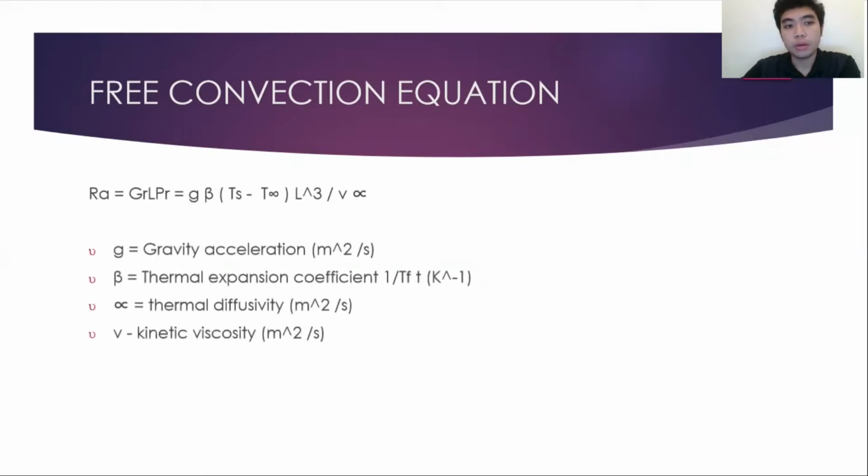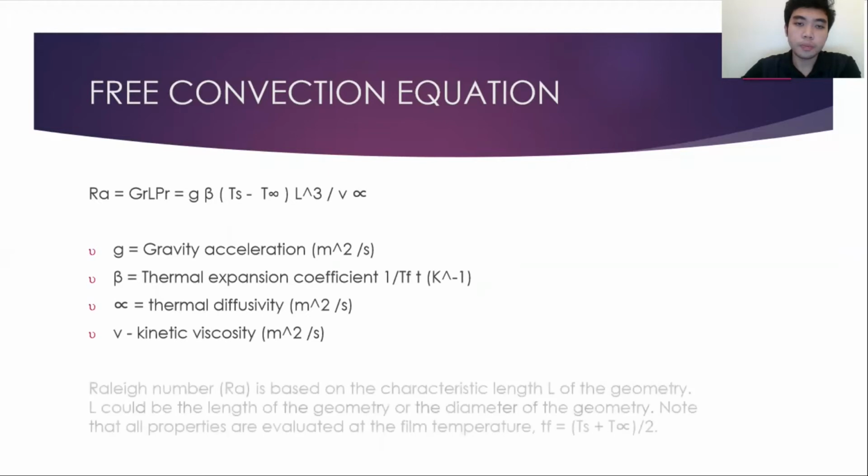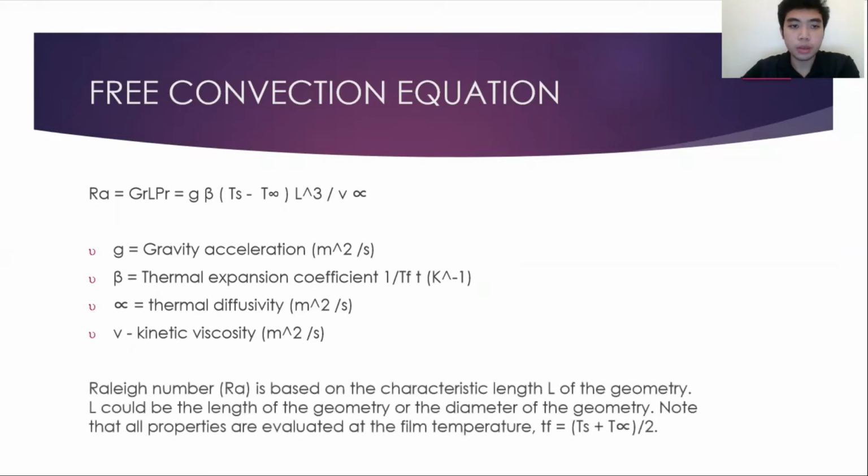The Rayleigh number, Ra, is equal to the gravity acceleration g times β, the thermal expansion coefficient, times the surface temperature minus the reference temperature, times the length of the geometry cubed, divided by the kinematic viscosity and the thermal diffusivity, which is alpha. The Rayleigh number is based on the characteristic length L of the geometry.